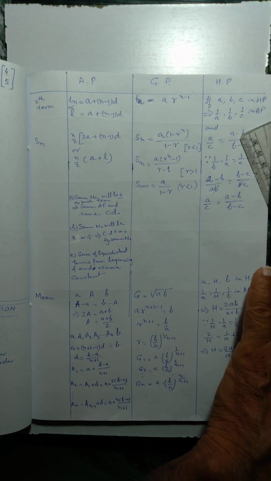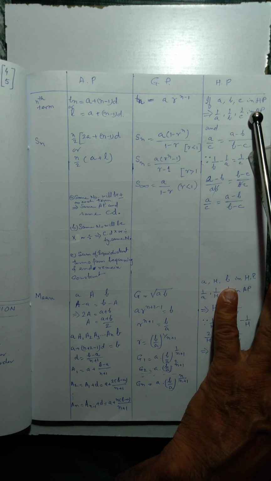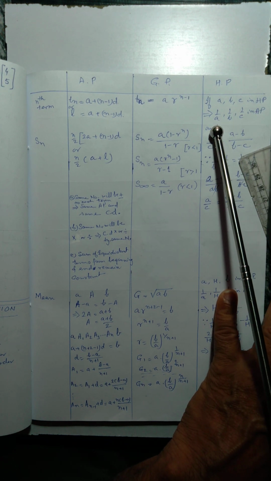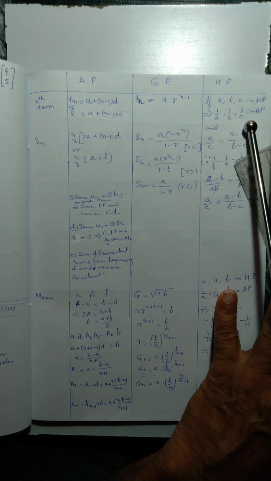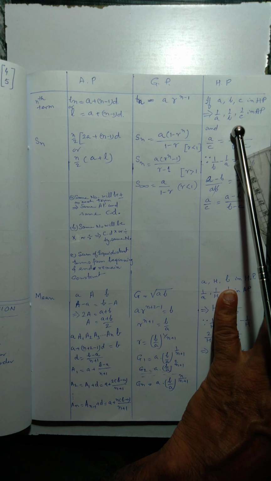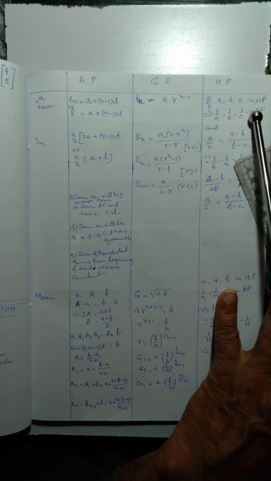Now the harmonic mean. If a, b, c are in harmonic progression, at that time the reciprocals of all corresponding terms will be in arithmetic progression. You see, a, b, c are in harmonic progression.